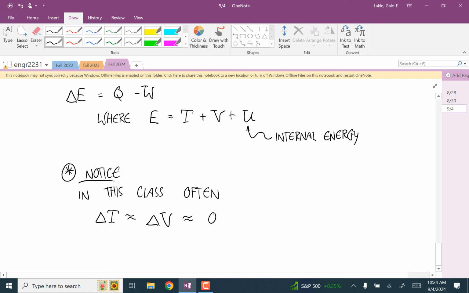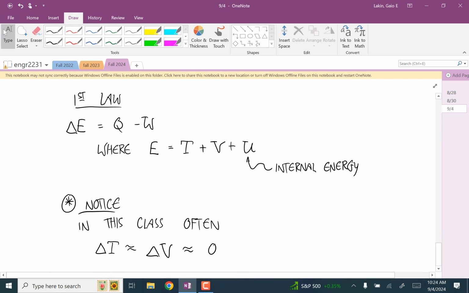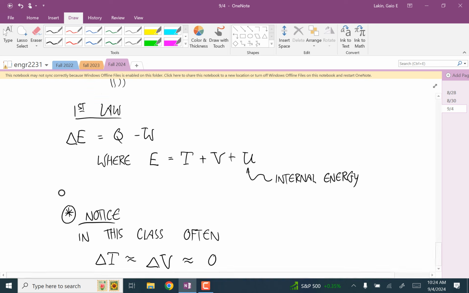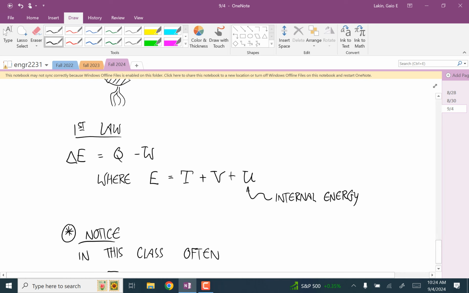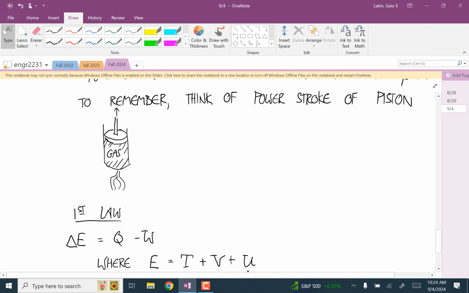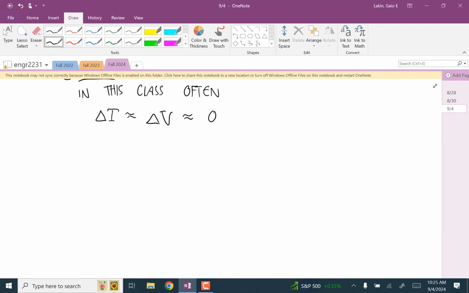When we talk about the total system energy, we're mostly just talking about internal energy. So now all we have to do is figure out how do we know things about the internal energy, and how do we calculate work, how do we calculate heat. That's a lot of stuff, but this is the equation we're going to use. So the first thing is there's one type of work that we always have to consider.